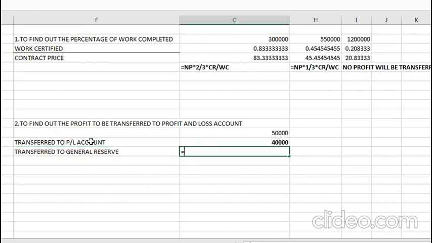Your total notional profit is 75,000. Out of 75,000, 40,000 will be transferred to your profit and loss account. So 75,000 minus 40,000 will give you 35,000. So 35,000 will be transferred to your general reserve.